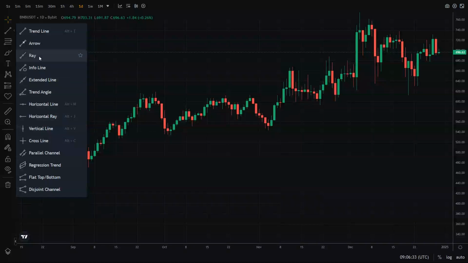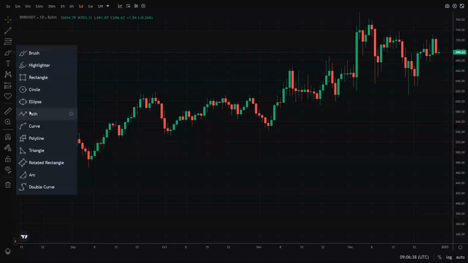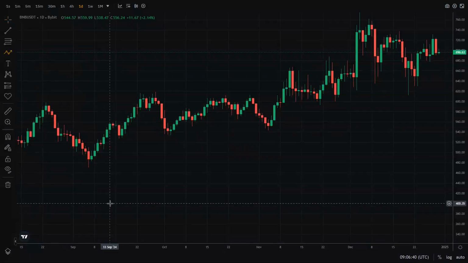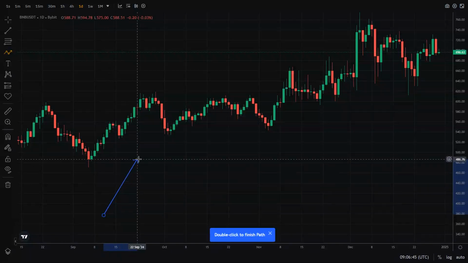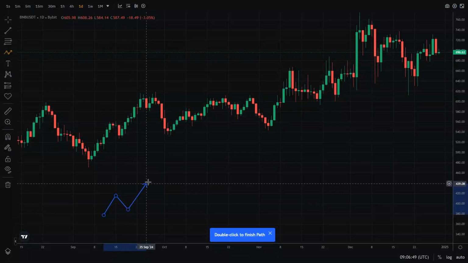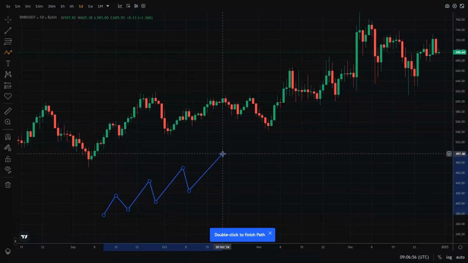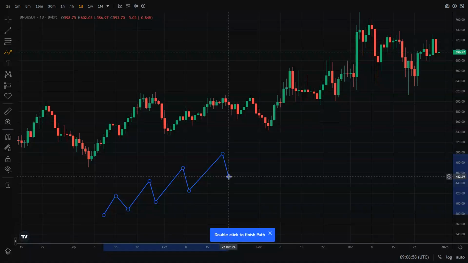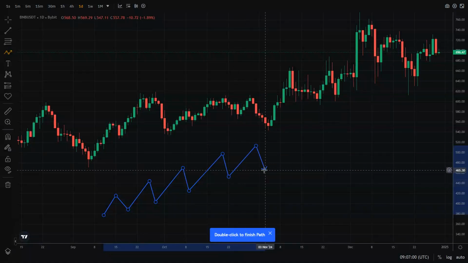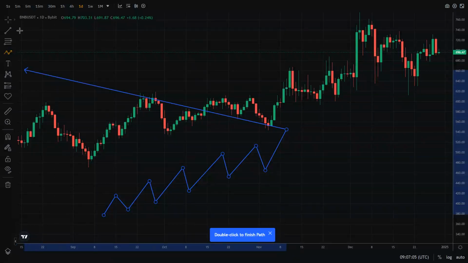If the market is in an uptrend, we see something like this. Always understand that the market will not be as straight, or as perfect, as this.